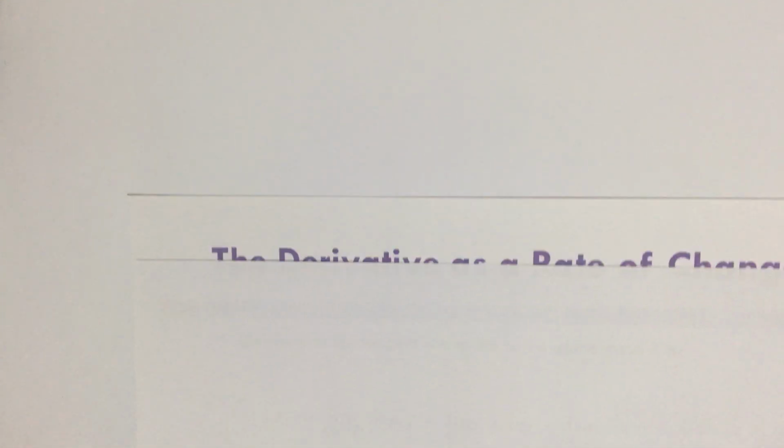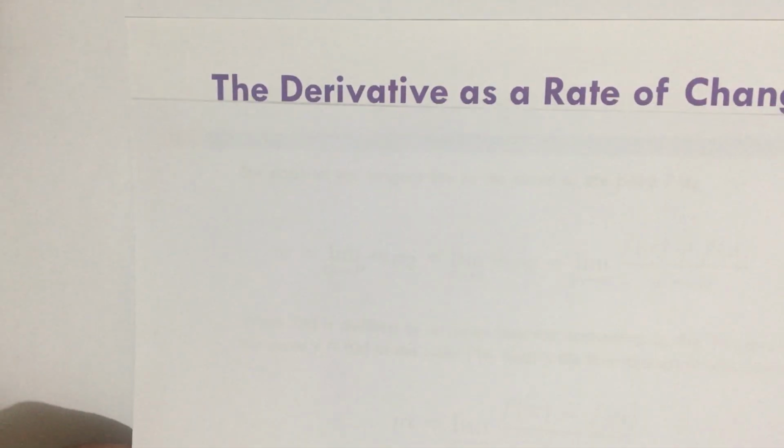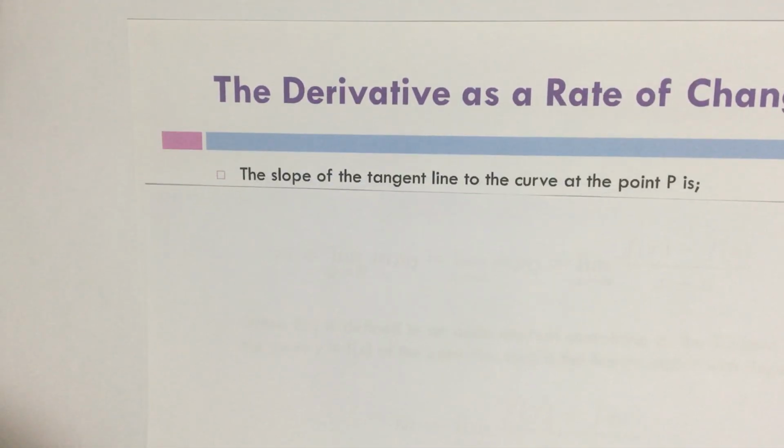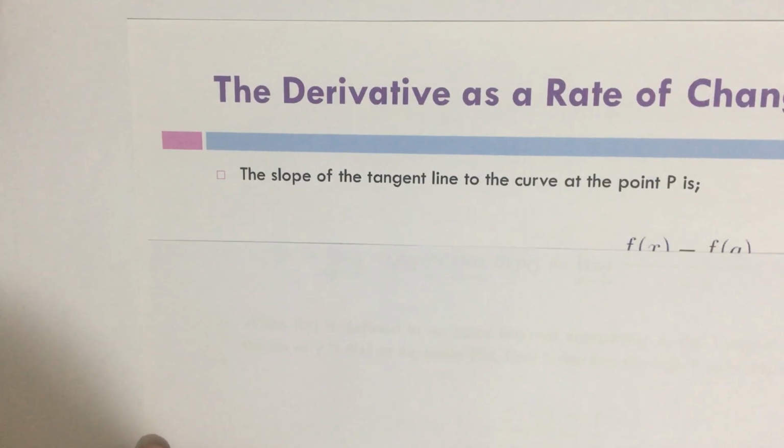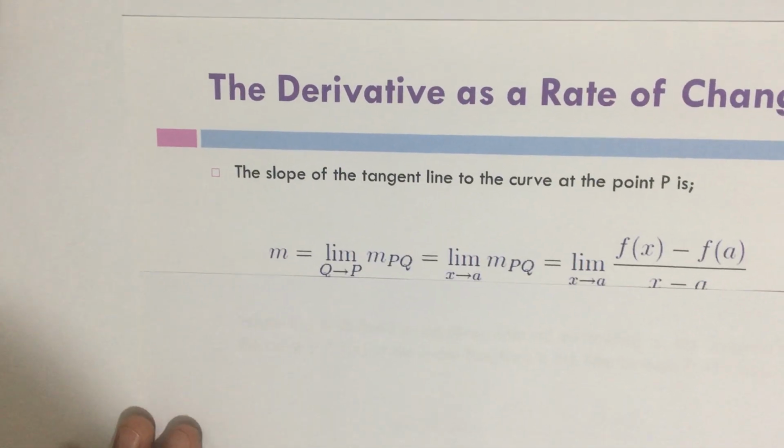Now let's go back to what we had discussed before when we had the geometric representation of the slope. We talked about the slope of the tangent line to the curve at the point P, and it is given by this expression.